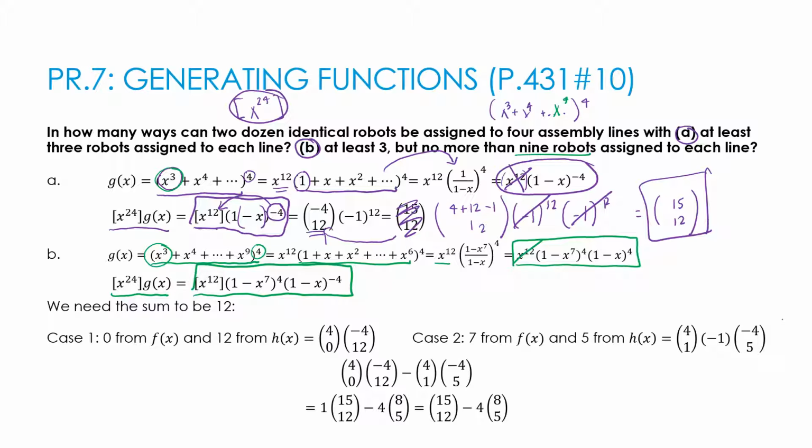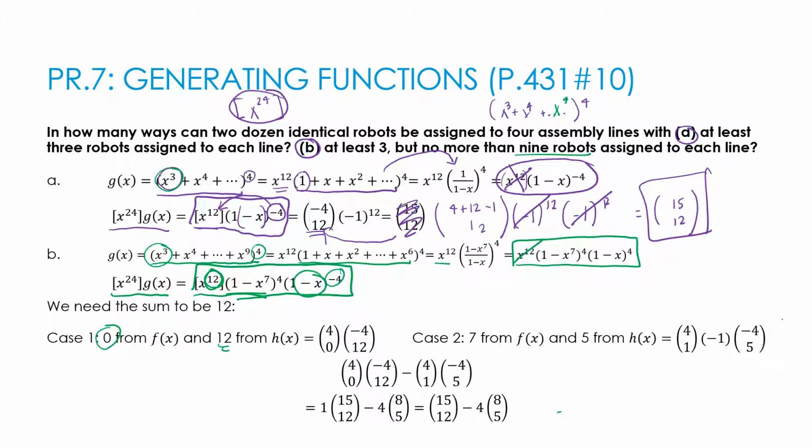What do I know about convolution? I need the sum to be 12, which means I can choose 0 from my first function, which means all 12 have to come from this guy. So that's 4 choose 0, and then negative 4 choose 12.